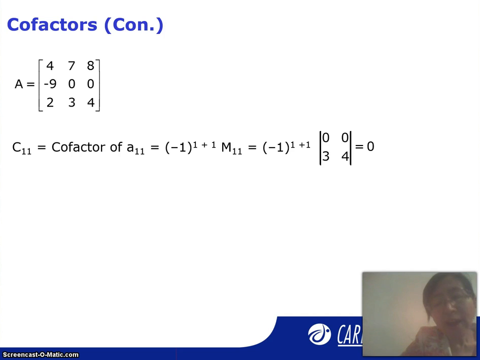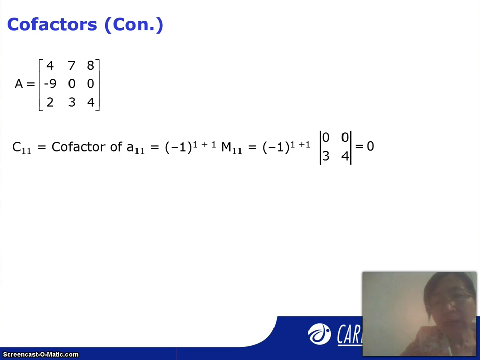Now we have to find the cofactor of element A11. Cofactor of element A11, this is a number. We can calculate it by the previous rule. Parenthesis minus 1 in the degree 1 plus 1 multiplies minor M11.